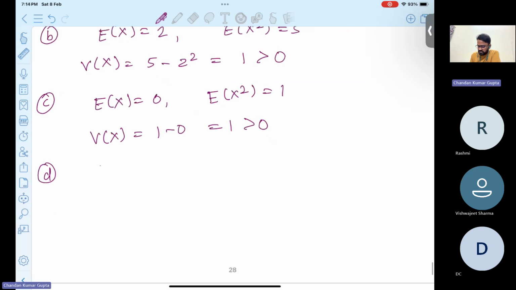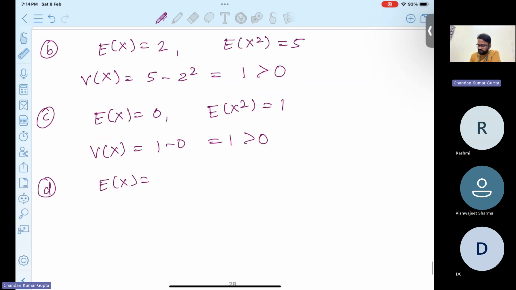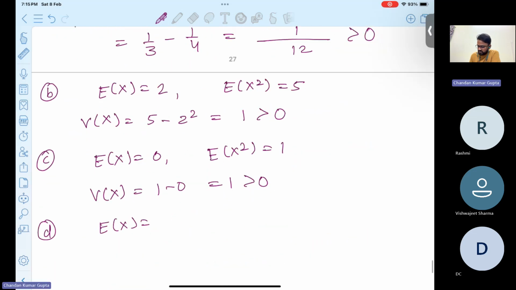And option D is expectation of X equal to 2 and expectation of X square equal to 3.